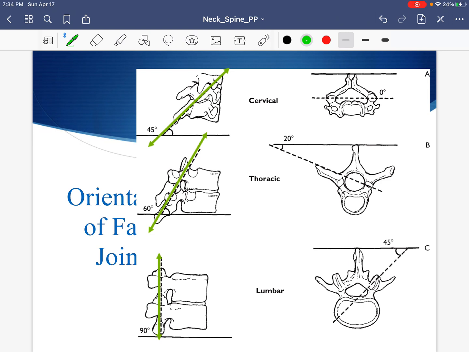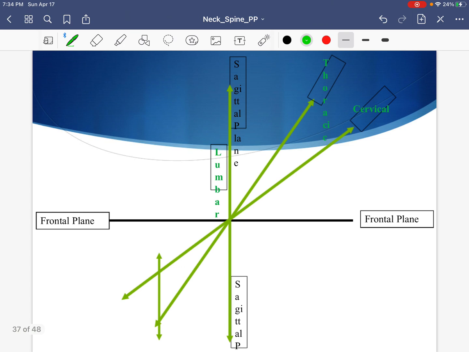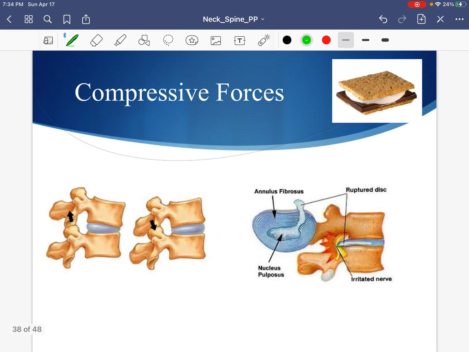You can see that the cervical is about a 45-degree angle in those bony surfaces touching. As we move down, it becomes a little bit more upright, and by the time we get to the lumbar, it's almost completely upright. You don't need to know the specifics. Just know that the orientation of the facet joints is different between regions. Okay.